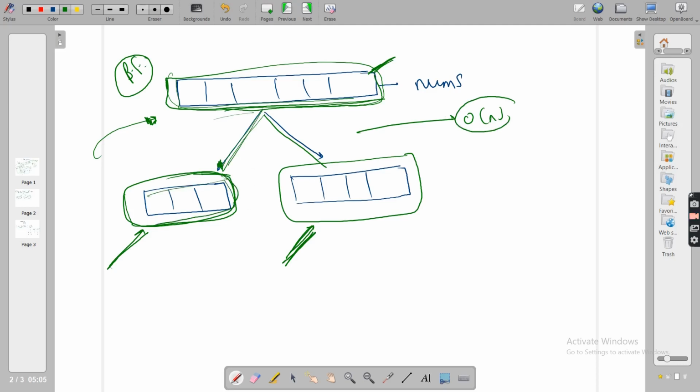If in your brute force you are doing this sort of thing, that you are dividing your main array into two different arrays, which means you are using extra space just for your answer, and that too two extra arrays. So what we will see in the coming questions is that it is not required; the division is not required like this.